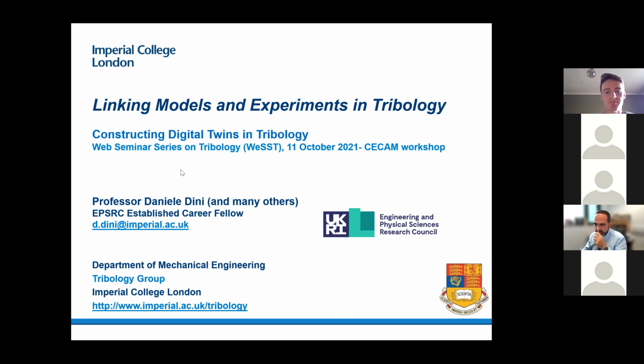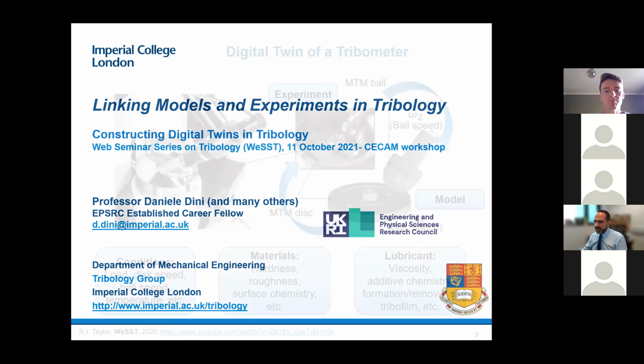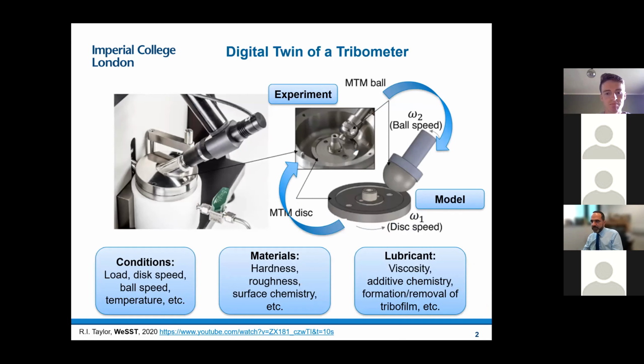So what I've set up today, I really want to go back to how you link model and experiment. So I will start by looking at, for example, something that Ian Taylor showed in the previous set of talks for WeSST, where he proposed to build a digital twin of a tribomotor.